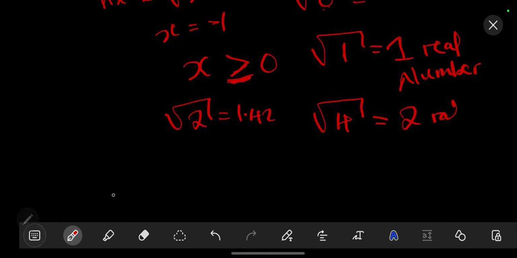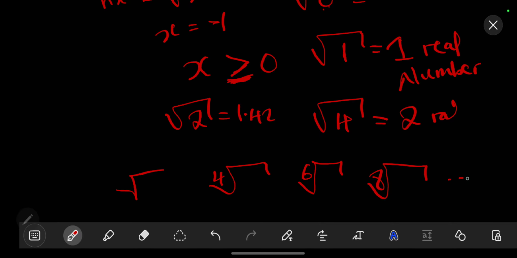Like for example, we have the square root, we have the fourth root, we have the 60th root, we have the 8th root. The list can continue like that. As long as you have square root, fourth root, 60th root, 8th root, and so on, as long as it's an even number here, it simply means you're just going to get what is inside.